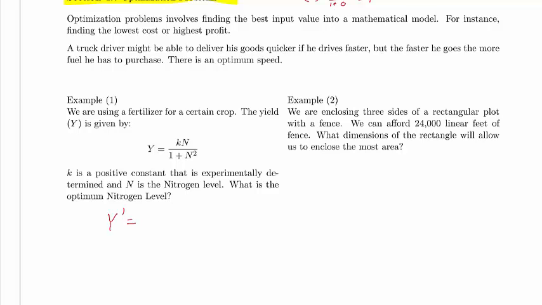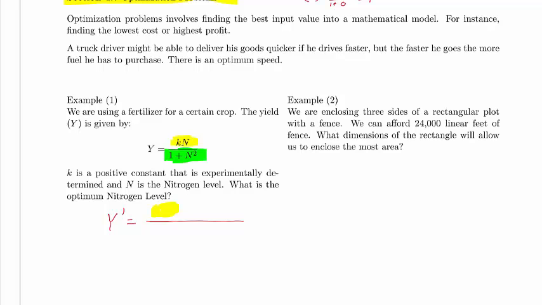And so y prime, we're taking the derivative with respect to the nitrogen level. And so note we've got a function up top, function below. We're going to use the quotient rule to take the derivative here. And so derivative of the top, let's go ahead and use our old convention, because I did notice some of you guys were getting tripped up on these problems on the exam.